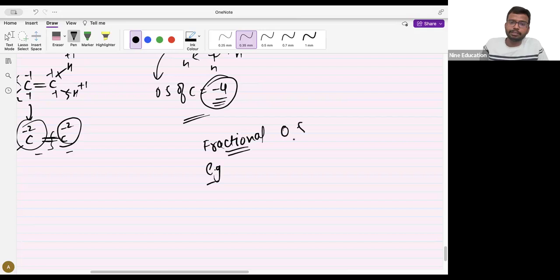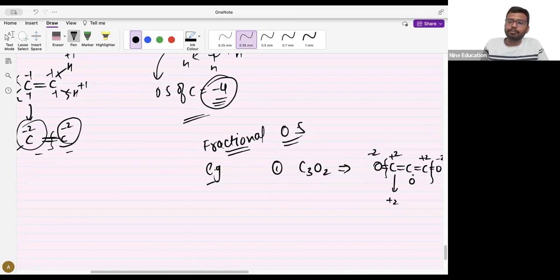Like the first example, C3O2. C3O2 is known as carbon suboxide. Here the carbon in between is 0. If I remove these two oxygen, this will be -2, this will be +2, this will be +2, this will be -2. So this carbon is +2, this carbon is 0, this carbon is also +2.